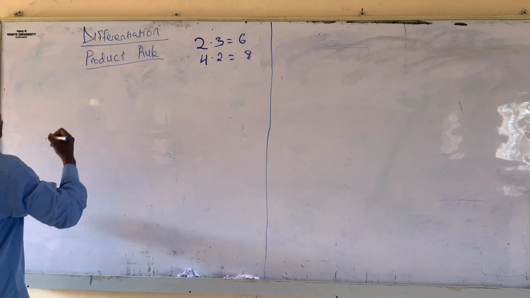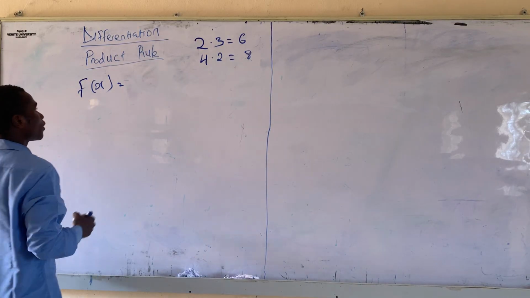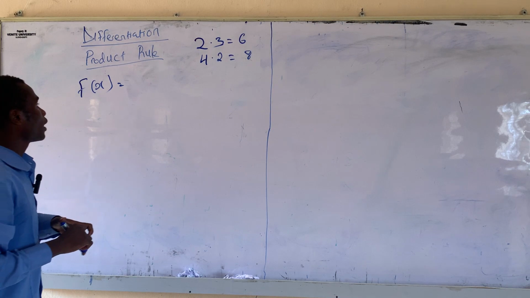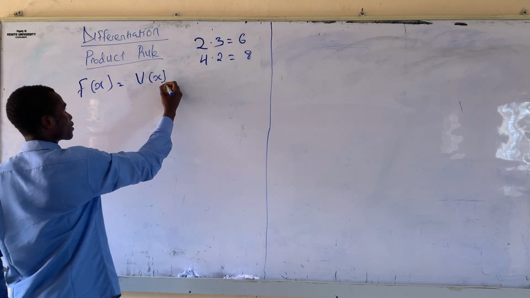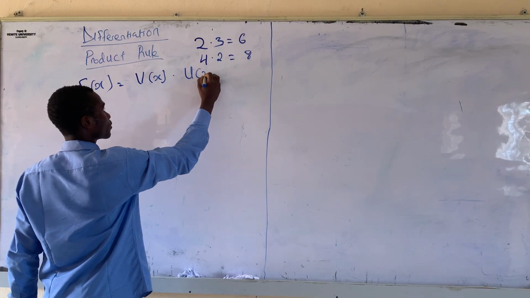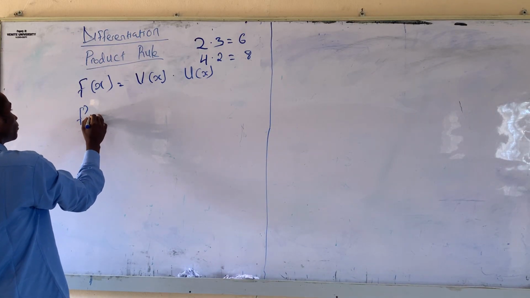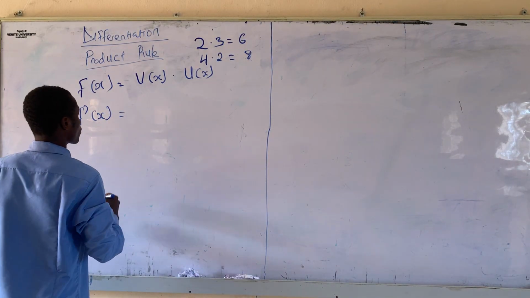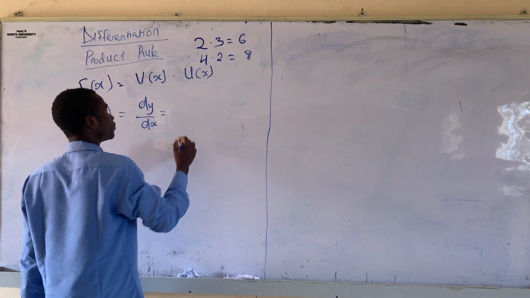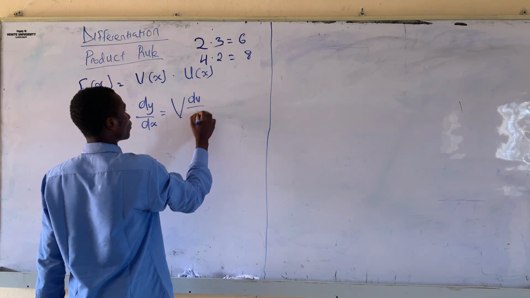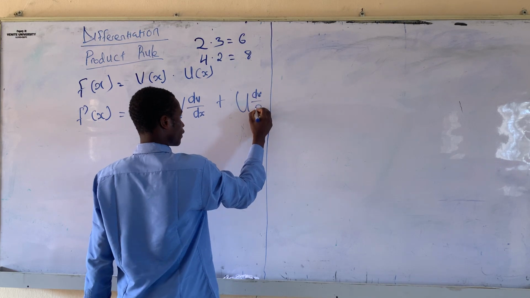Given that a function of x is a product of v and u, such that v is a function of x and u is a function of x, then our f prime of x, which is also equal to dy over dx, is equal to v du over dx plus u dv over dx.